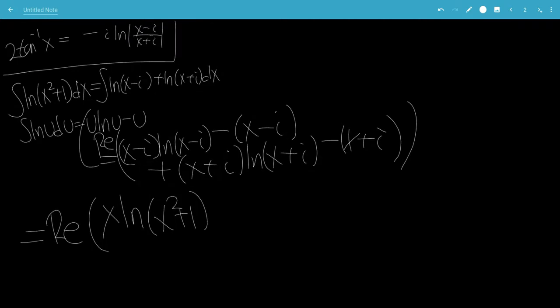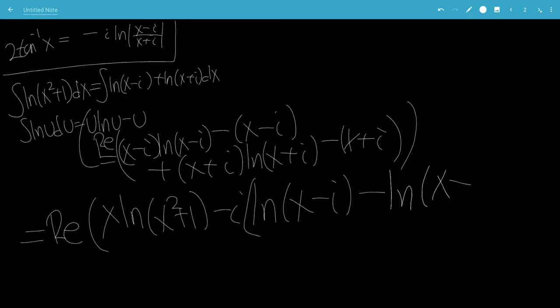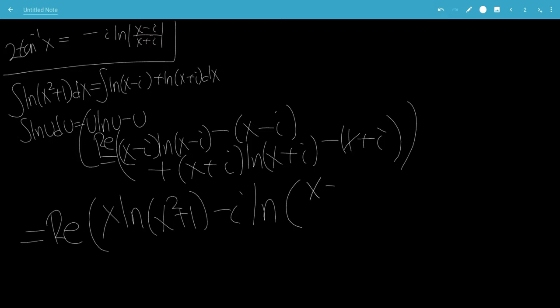What else? So we have plus, we're going to factor in a minus i, so we're going to have ln of x minus i in parentheses, and then we have another minus here because this is plus i, ln of x plus i. Again, we can combine those two by doing division, so this would be x minus i over x plus i.